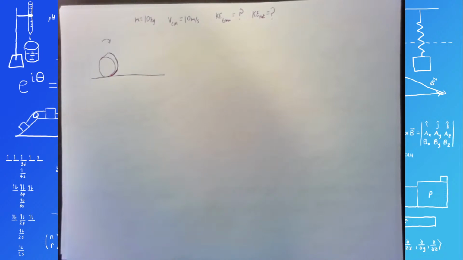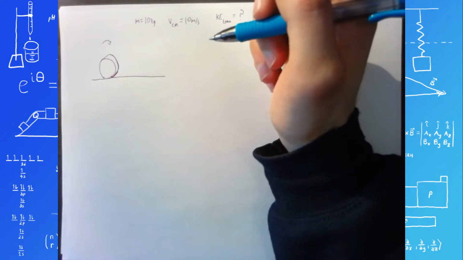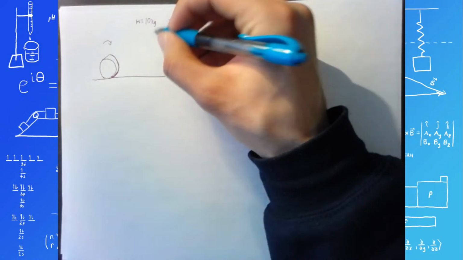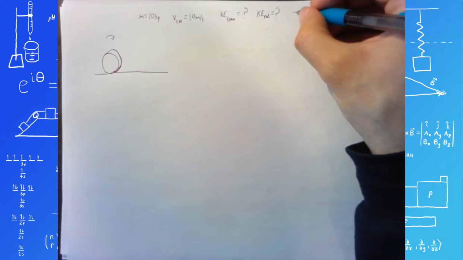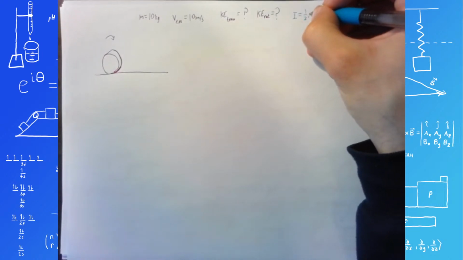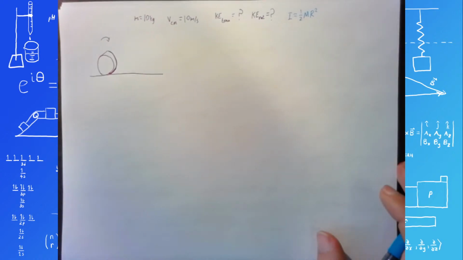Notice that they did not give us the radius of the cylinder. What are the odds that it's not going to matter? Pretty high. Okay, so they do expect us in this book to just look up or have memorized that the moment of inertia for a cylinder is, well, we just saw it, 1/2 the total mass of the cylinder times its radius squared.